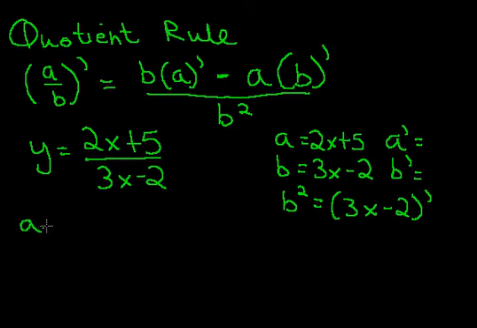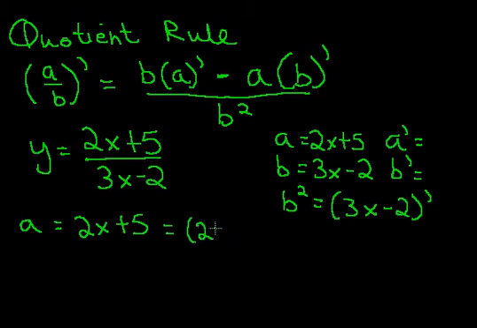So A equals 2x plus 5. We can use the sum rule that says (A plus B) prime is A prime plus B prime.